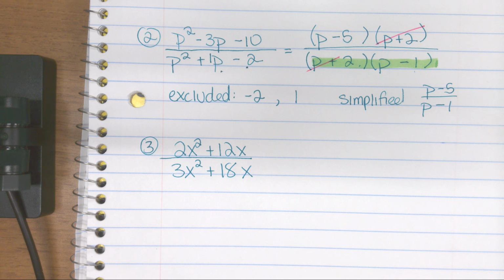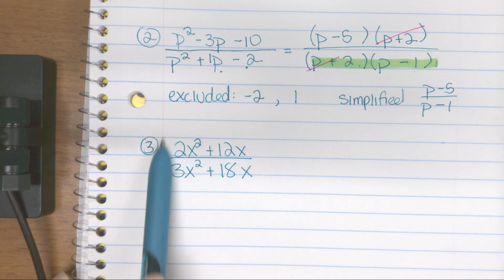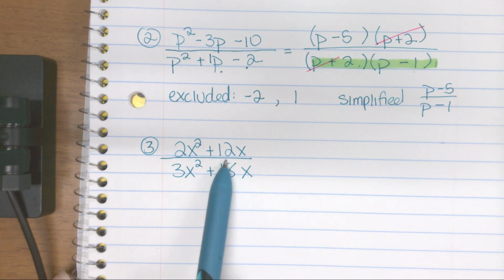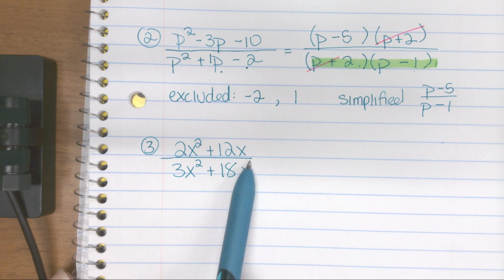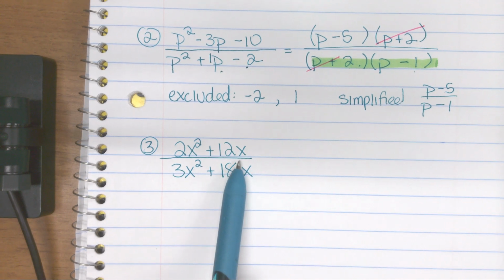This is not where we have FOIL. This is where we pull out a common factor, or a greatest common factor. Looking at the top, I have a 2x squared and a 12x. What is the greatest common factor of those things? We need a 2 and also an x.